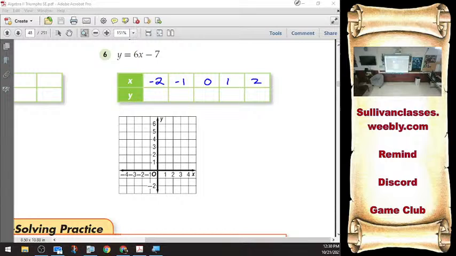Do it again. So, just minus 7. Do it again. Because so far, none of these are fitting on the graph. Put 6 times 1. Just 1.